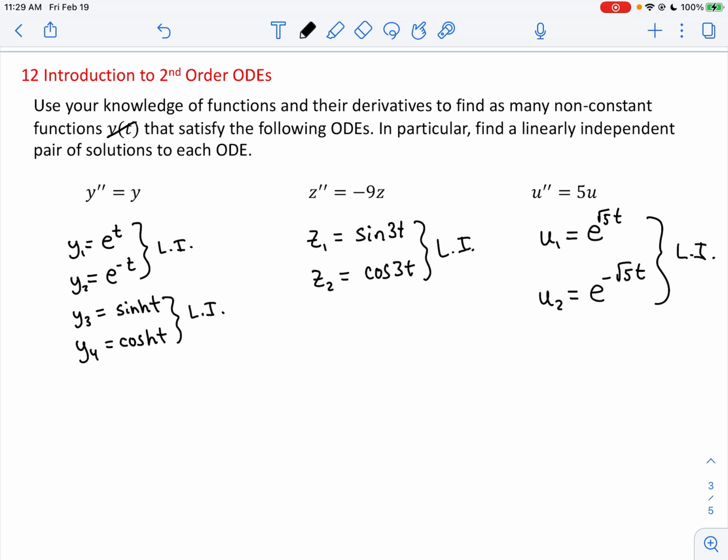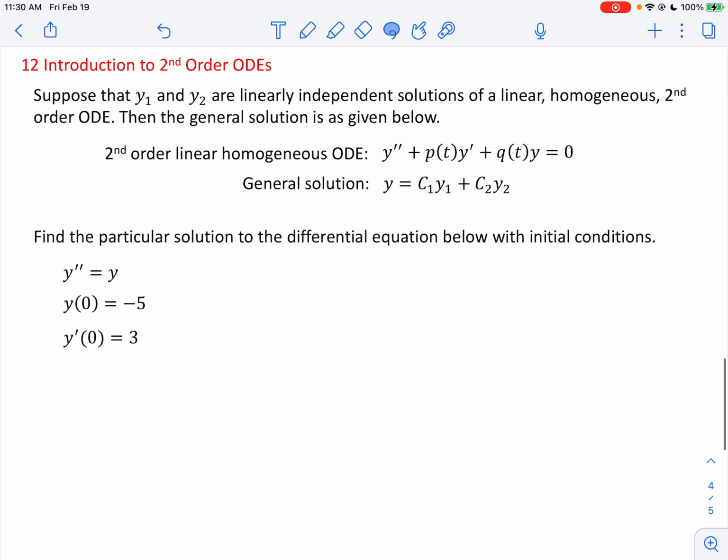In general, with second-order differential equations that are linear, we're going to be able to find 2 linearly independent solutions. They don't have to be the same pairing. Like we saw, we had options over here, but you should be able to find 2 linearly independent solutions to these second-order linear differential equations. And these are linear, by the way. I'll leave that to you to verify.